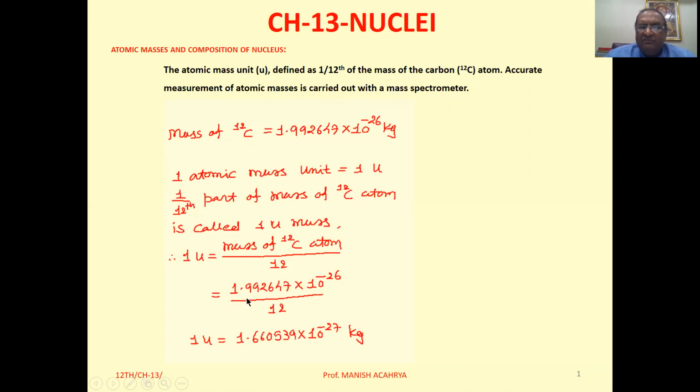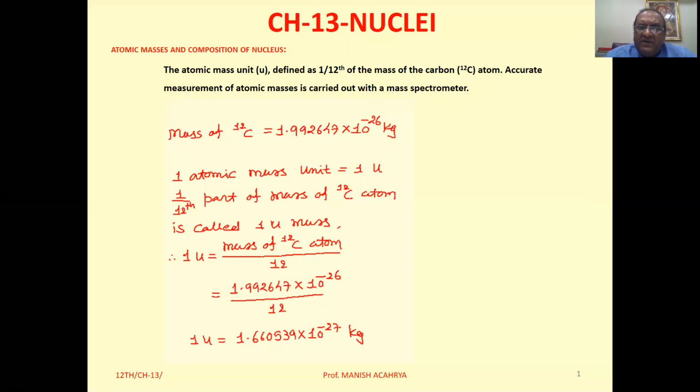So we will get 1.99267 into 10 raised to minus 26 by 12. And finally we'll get 1 u, that is 1.660539 into 10 raised to minus 27 kilogram. This is 1 u mass. It is known as atomic mass unit. So this one is the convenient unit to represent mass at atomic and nucleus level.